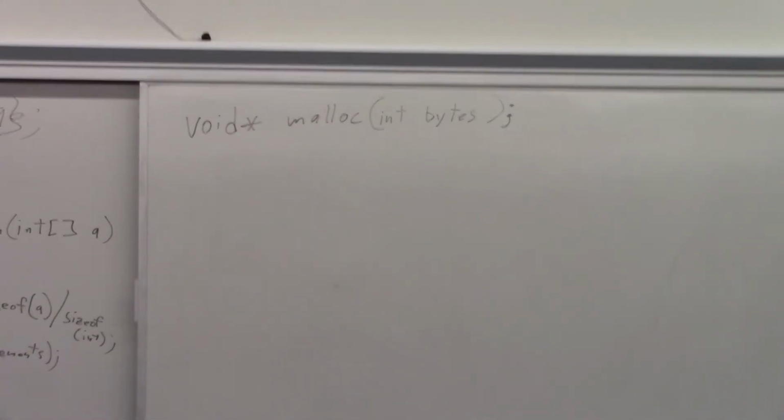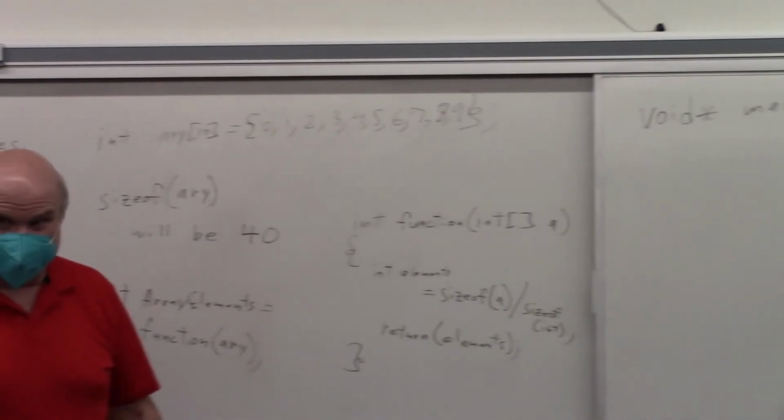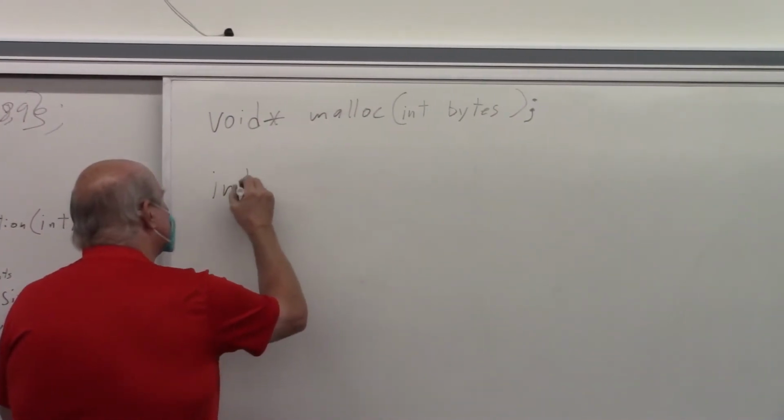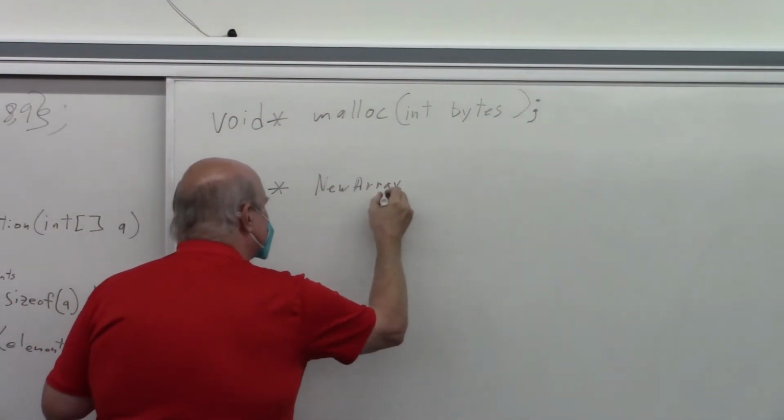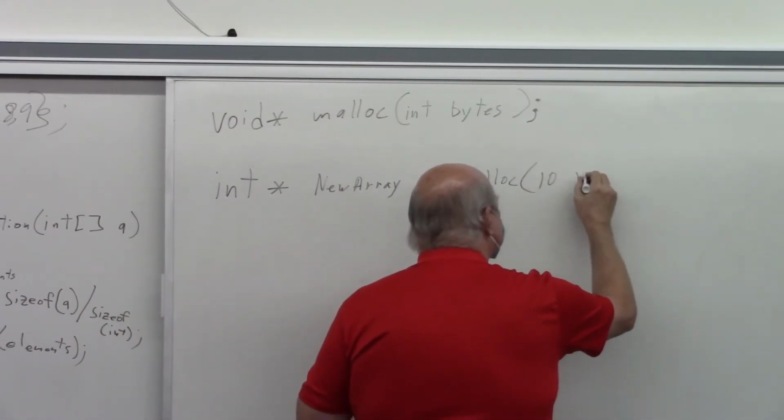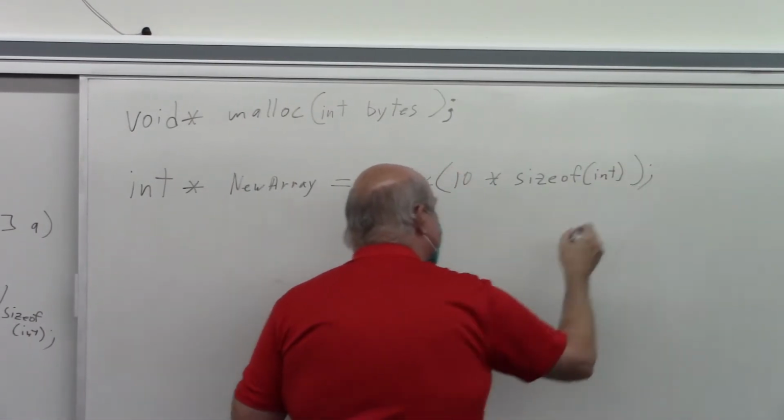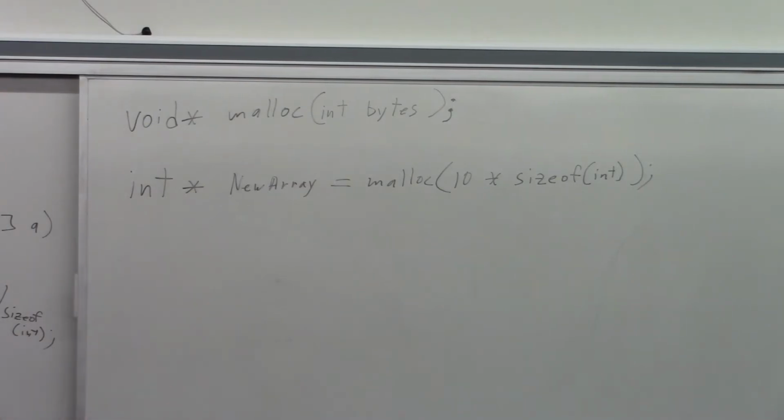But for our purposes, it's going to allocate the number of bytes you ask it to, and it's going to give you a pointer, which is a reference to that memory. Okay? So let's suppose I wanted to dynamically create a 10-character array. That is how I would do it. Not a 10-character array, a 10-element array.